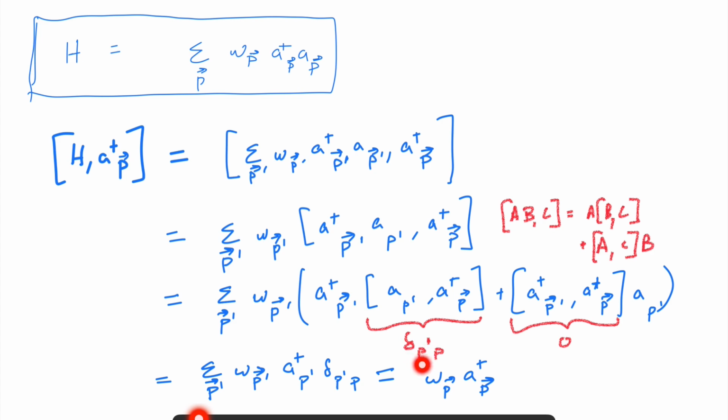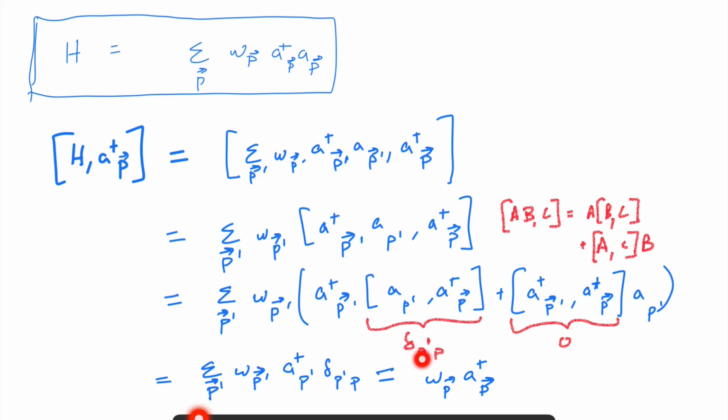So this is a delta p prime p. Also, among those relationships was this: a dagger of any p with a dagger of any other p, including whether p is equal to p prime, is always equal to 0. So that term cancels, and this is what I'm left with here.